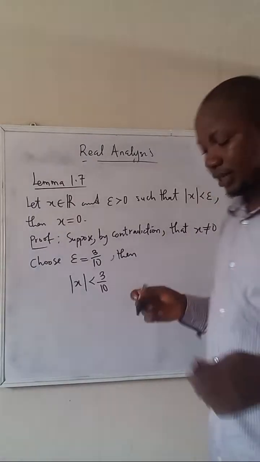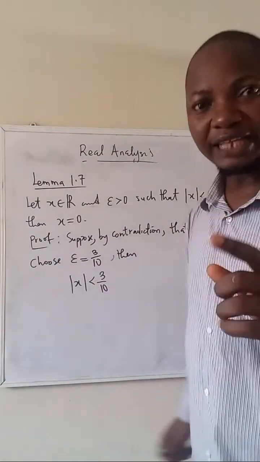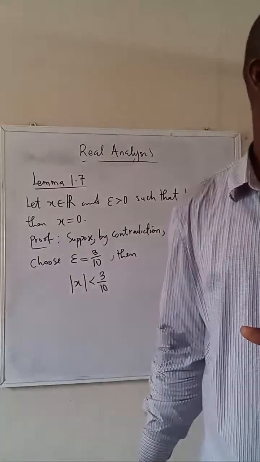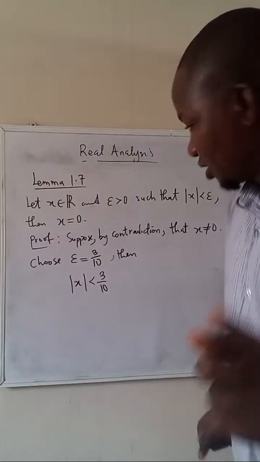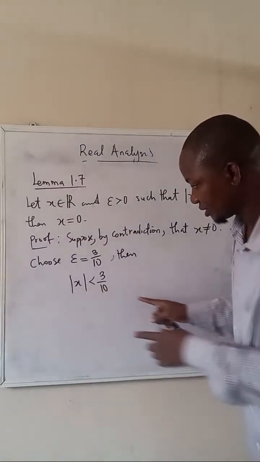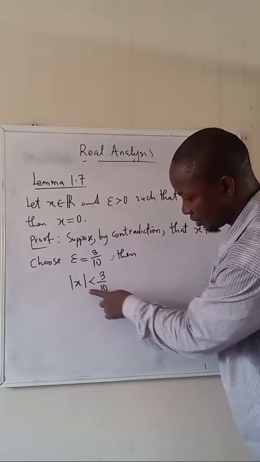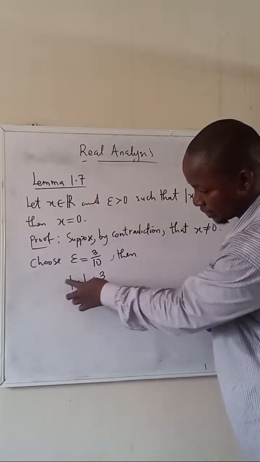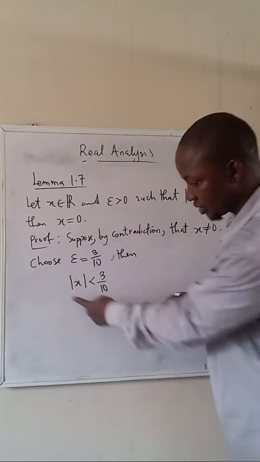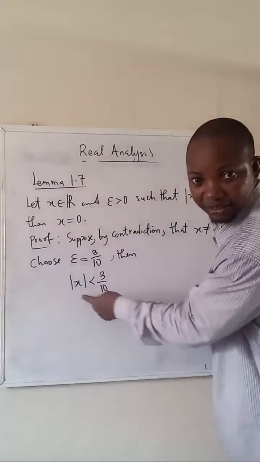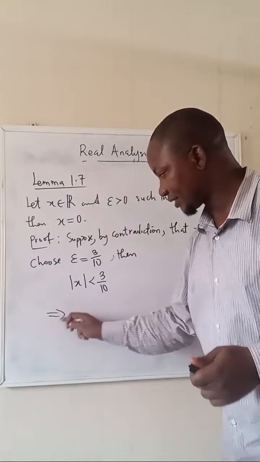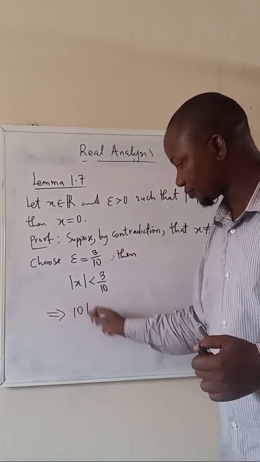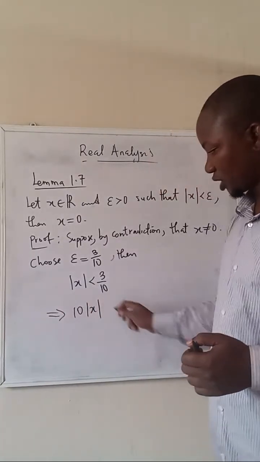Now under the absolute value of rational numbers, we can cross multiply this. If you have a rational term, I can say 10 multiplied by this, and this is like over 1. So this implies that 10 multiplied by the absolute value of x is less than 3.